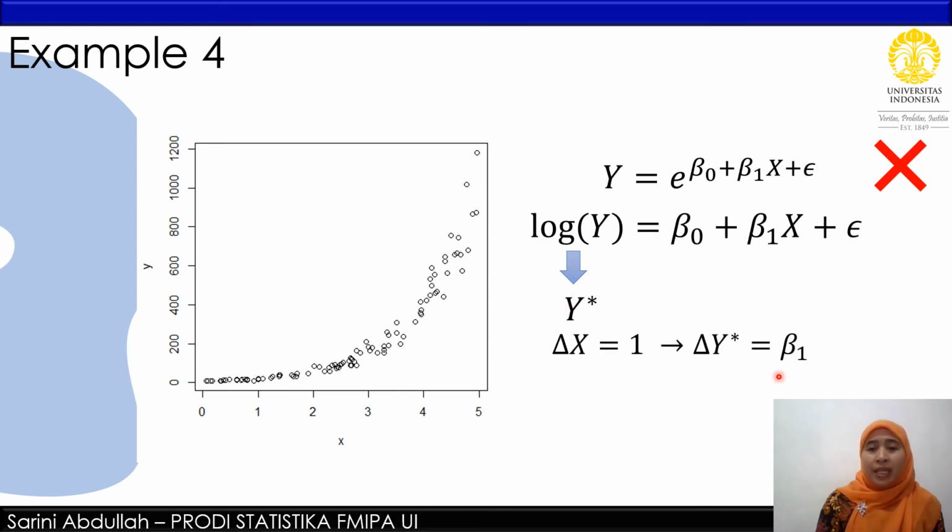Then we can see that if we change x by 1 unit, the change in our response is a constant. It means that this model is a linear model. So this is an example of how we can transform a nonlinear model into a linear model.